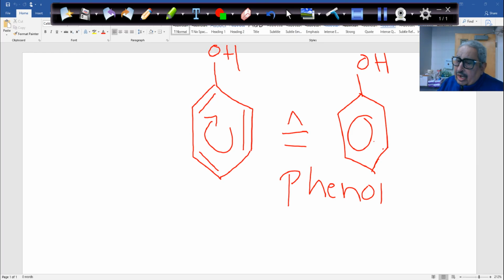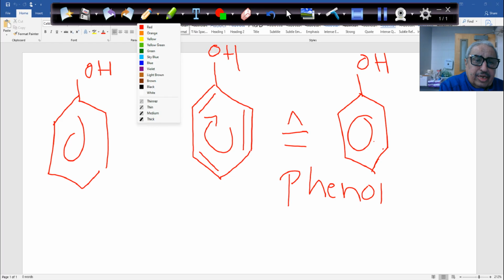Those are the ones where you can see the difference between them. Now, the phenol can have some substituents, some alkyl groups attached, but the whole structure here is still phenol. So we can have three types. Here it is. Another type here.